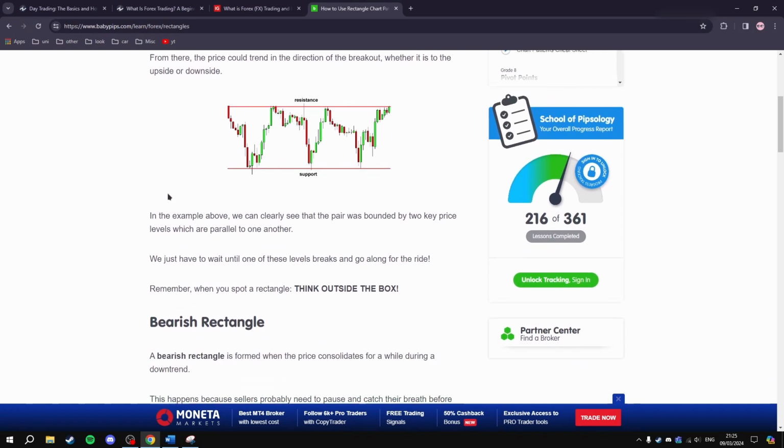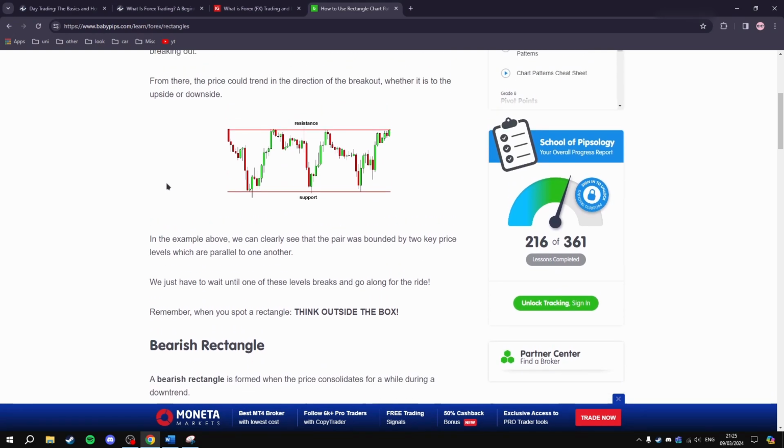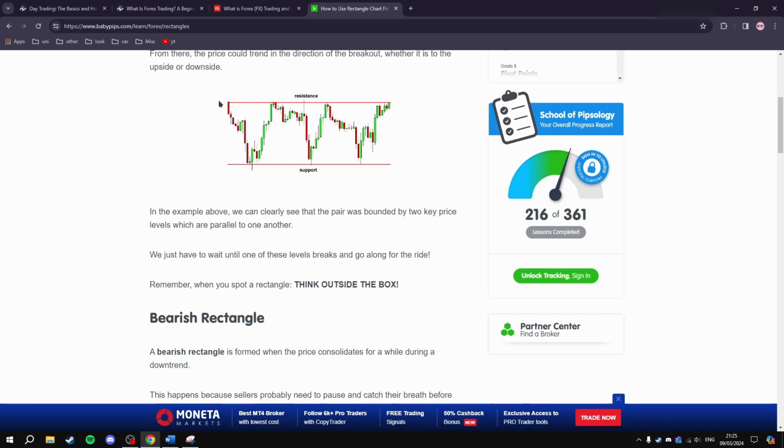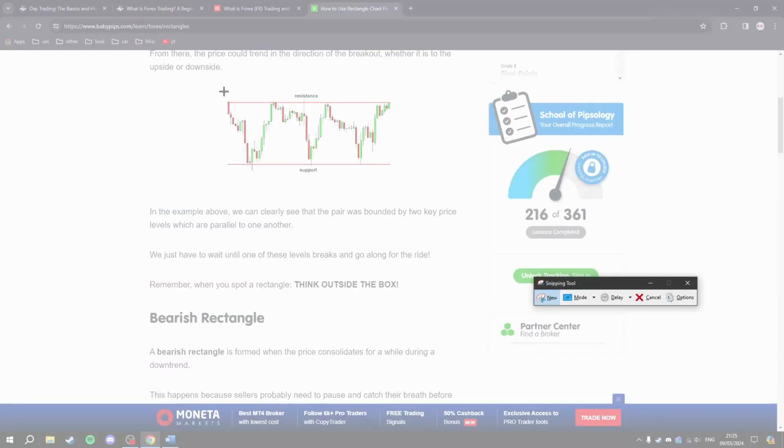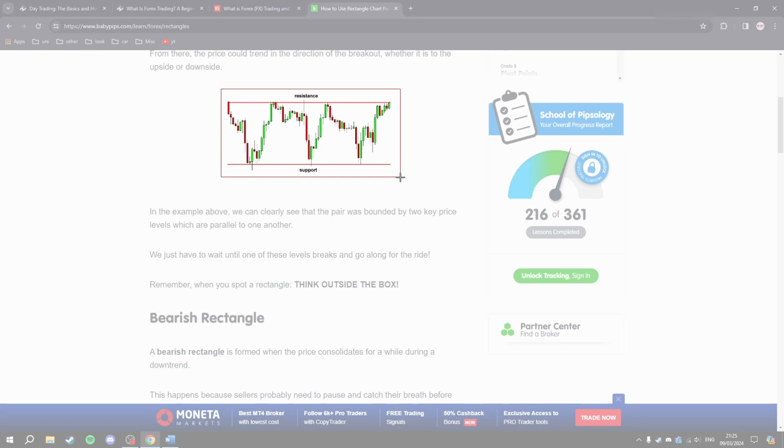From there, the price could trend in the direction of the breakout, whether it is the upside or downside. So it's just like a ranging thing. Like that.